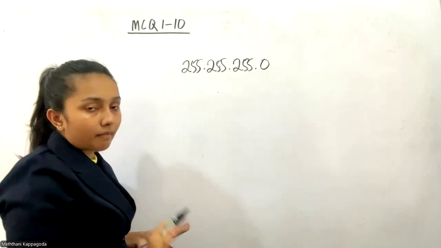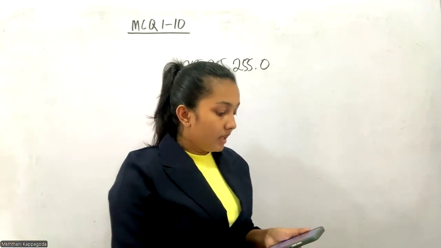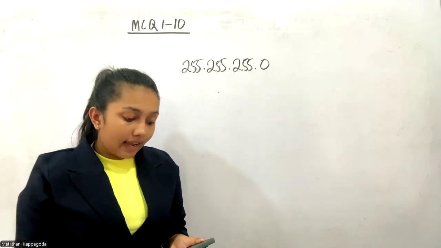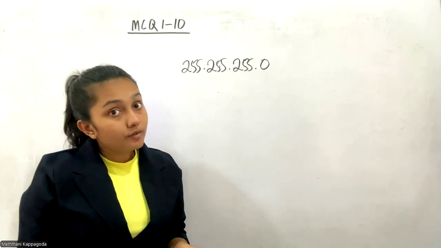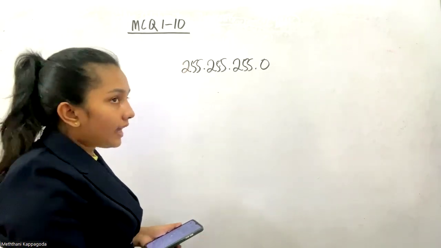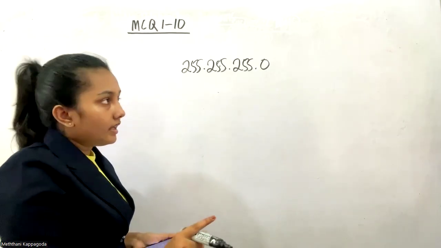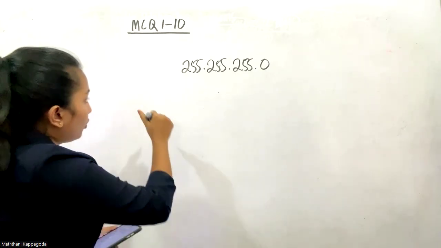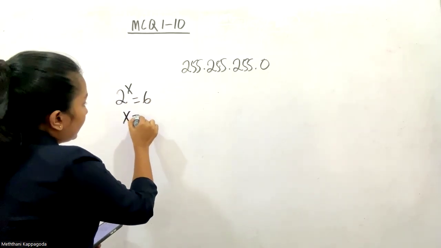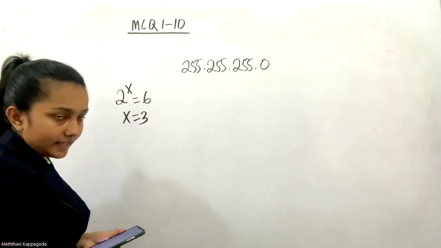This statement says it can have 6 subnets of 32 hosts each. If there are 6 subnets, 2 to the power x should equal 6, so x should equal 3.